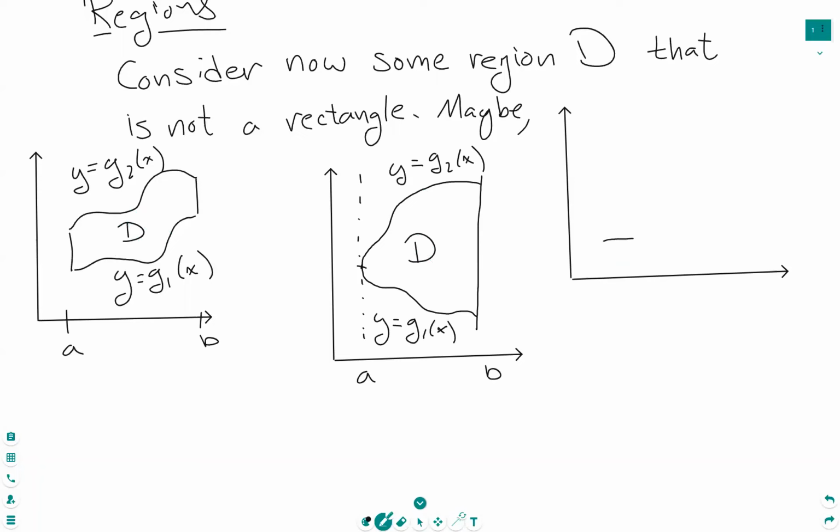But maybe we could also have this same shape, but maybe it's rotated. So it barely touches some value d, and then we have y is equal to c here.